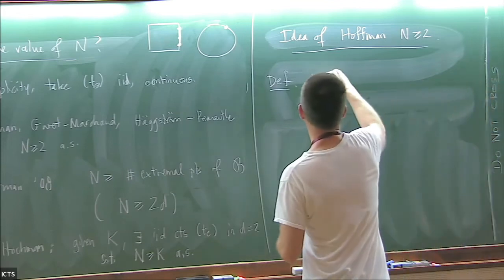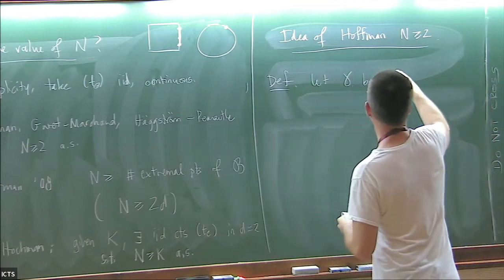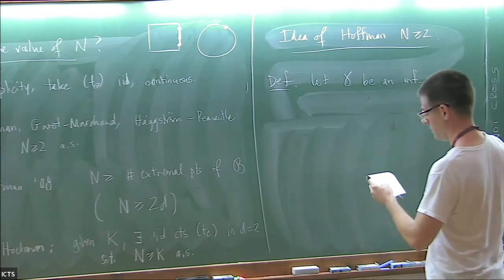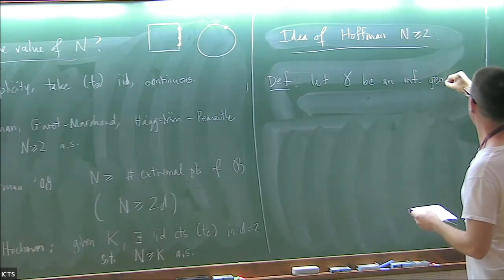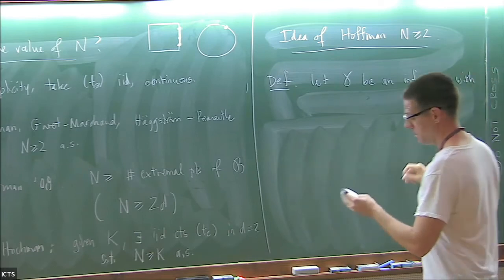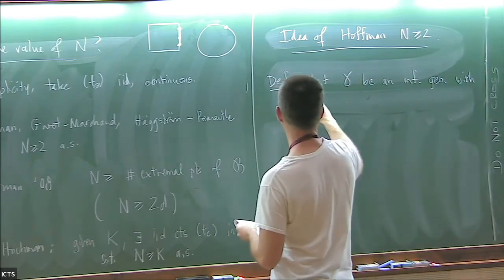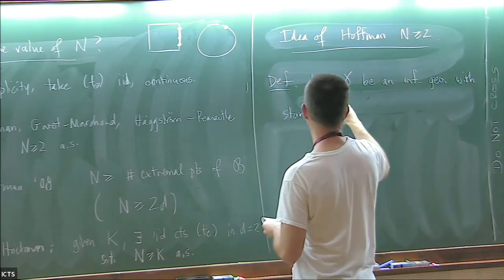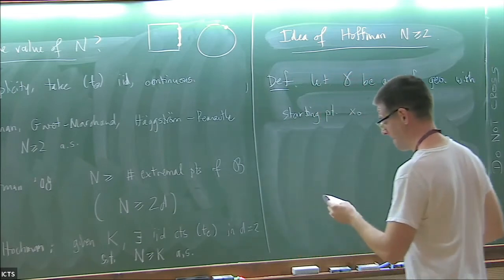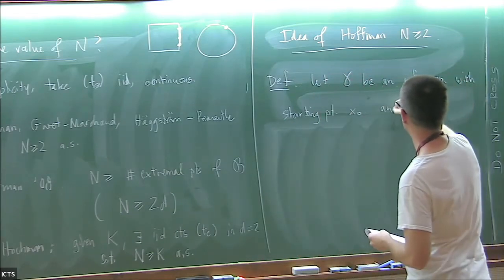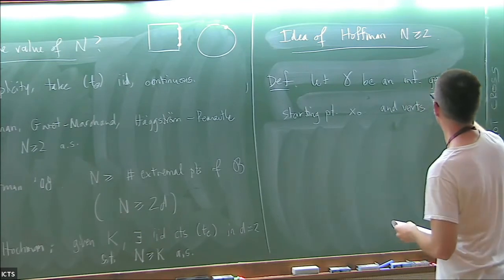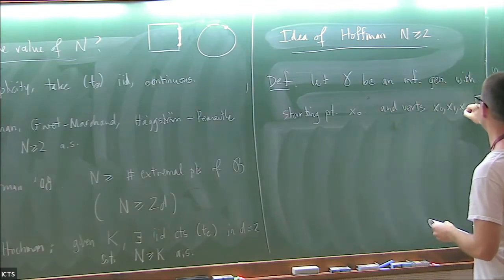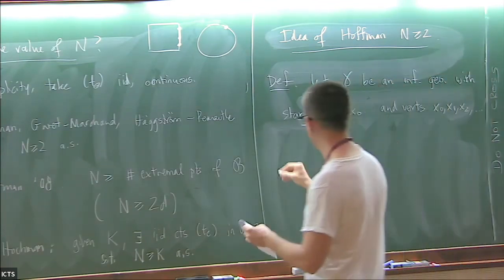Right. So let gamma be an infinite geodesic with starting point x0 and vertices x0, x1, x2, and so on in order.